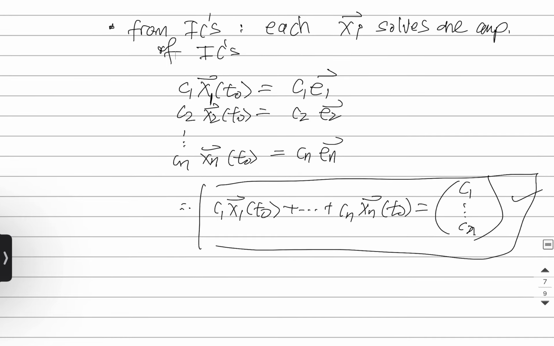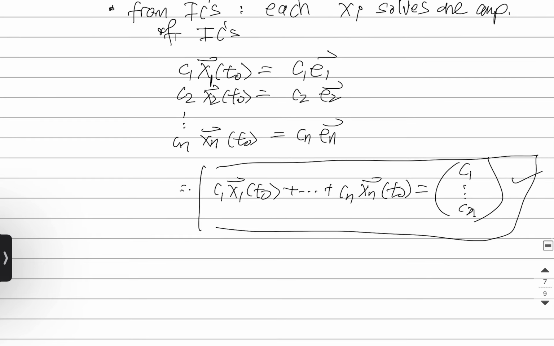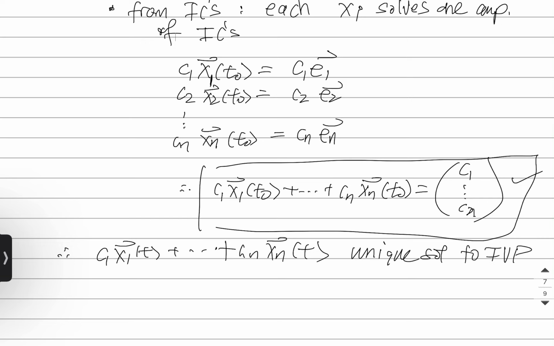And so that means that this c1 x1 of t all the way down to cn xn of t is the unique solution to that general IVP, and that means that this thing is what we are going to call the general solution to this L of x equals 0.